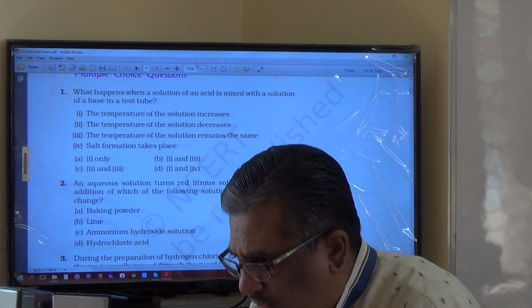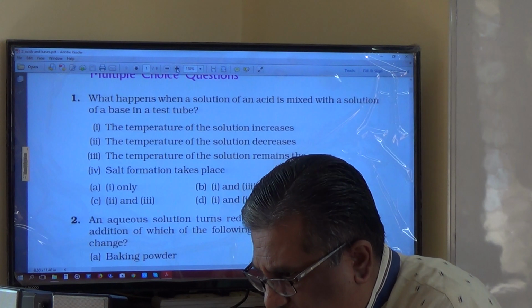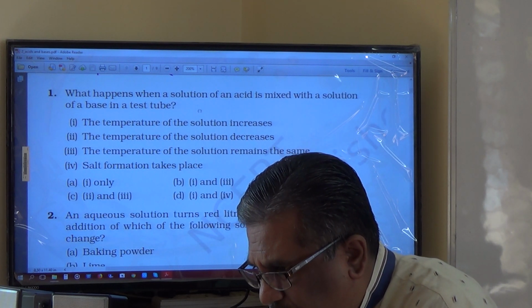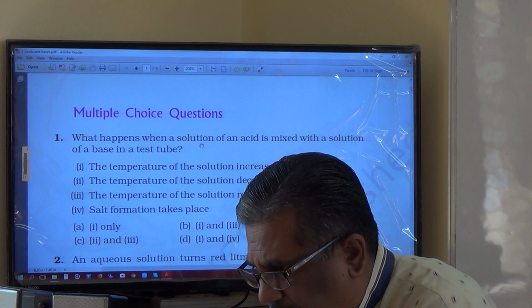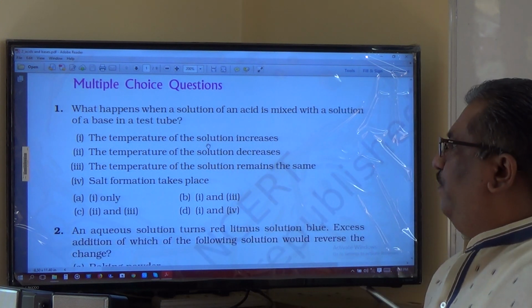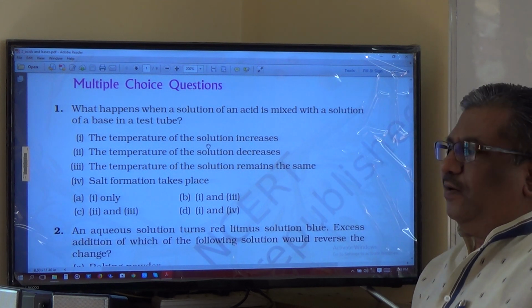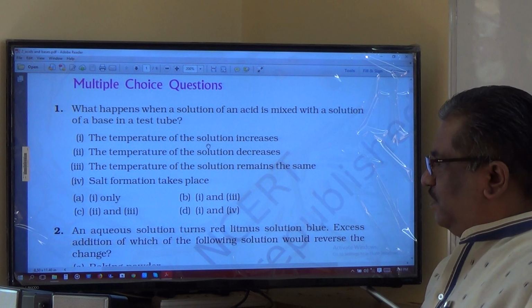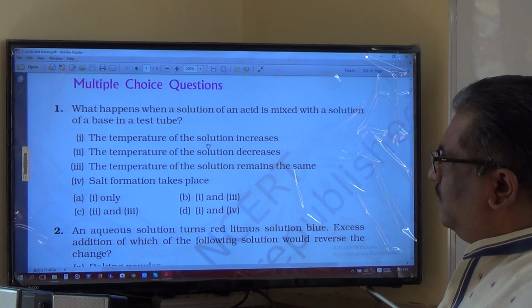Let me check it. Let me increase it to 200% and see. Yeah, I think it is much better now. Okay, fine. MCQs. Let us start now. Very quickly I'll rush through. Not much explanation. Already explained in detail in the theory. I'll be trying to concentrate on the answers, and also we'll try to check the answers.